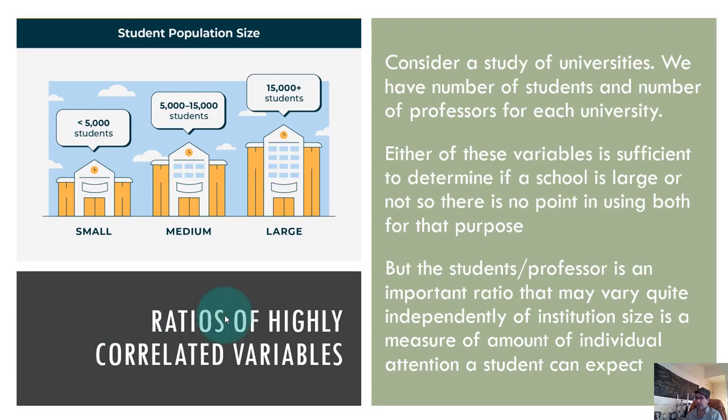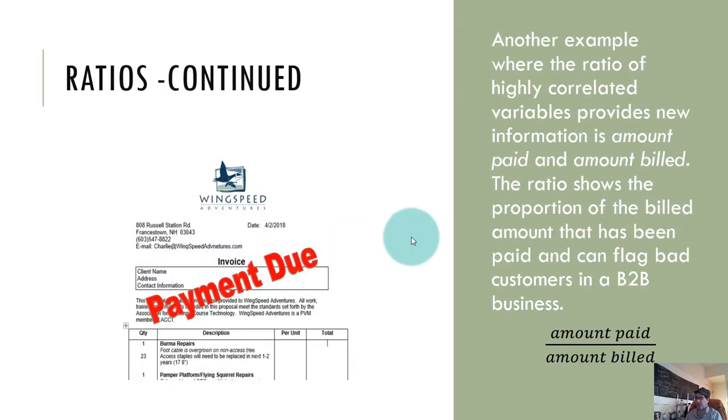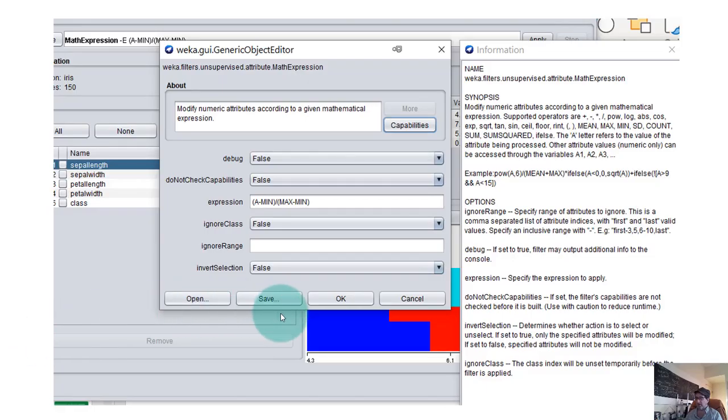We saw here that even though the two variables, number of students and number of professors, could be highly correlated, the ratio still provides us with a measure of how much individual attention a student can expect. We saw this example where amount paid and amount billed are also correlated, but their ratio can tell us something about our customers. We saw how to do this in different software applications and also programming languages.